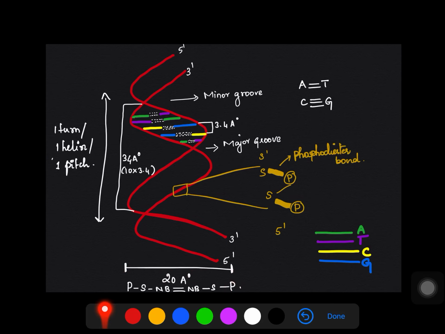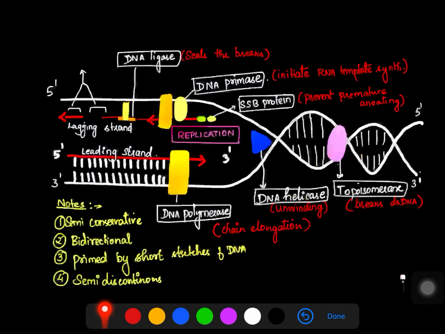Next we will go to DNA replication. What is DNA replication? One parent cell gives 2 daughter cells. Hence the genetic information of the parent has to be equally shared between the 2 daughter cells. For that, the single DNA has to divide itself into 2. That is called replication.